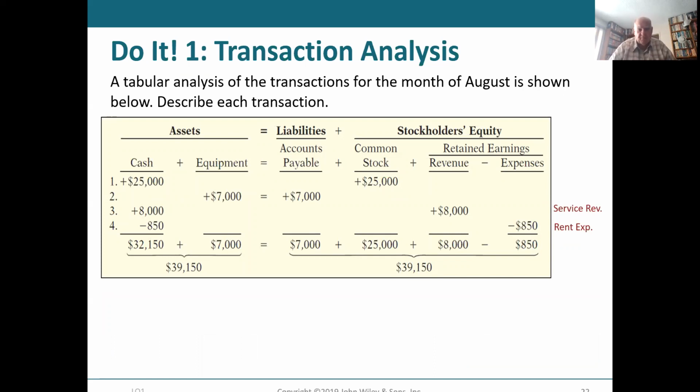Transaction 1, we issued stock to the public, and the public paid us $25,000. So our cash went up, that's how they raise money.